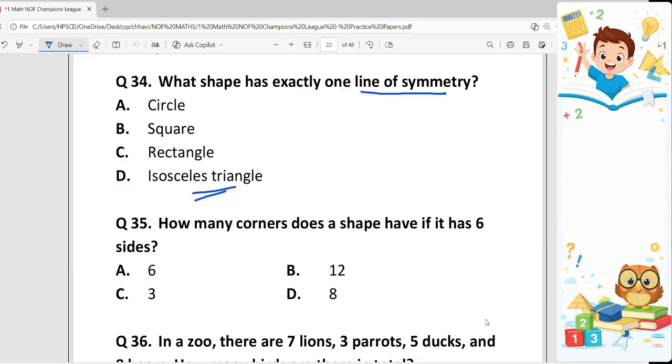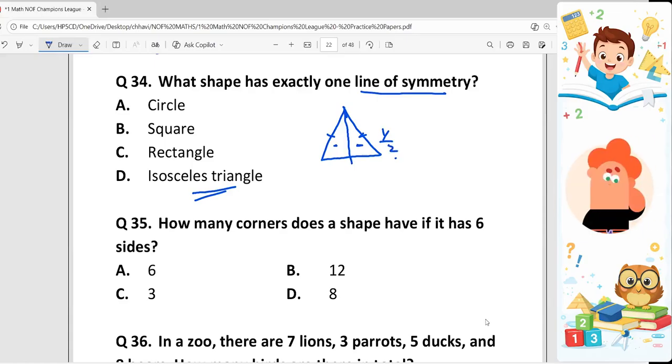Isosceles triangle is where both sides are equal. Means when you draw a triangle, this side and this side are equal. And therefore, when you draw one line of symmetry from the center, it will divide this triangle into equal halves. Okay. So isosceles triangle, option D, is the correct answer.